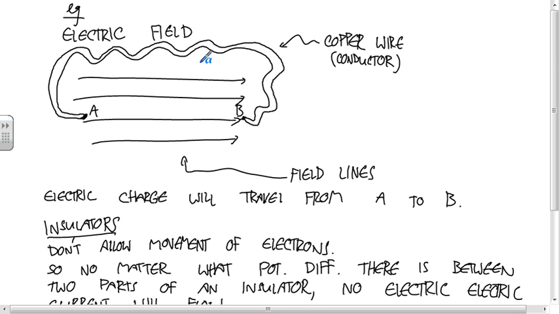You wouldn't get any electric current. Okay, so insulators like rubber, electrical wires are copper in the middle or something that conducts well, surrounded by an insulator so that the electrons won't leave the wire to your hand or whatever. They'll just keep traveling along the copper because that's the only way they can move.